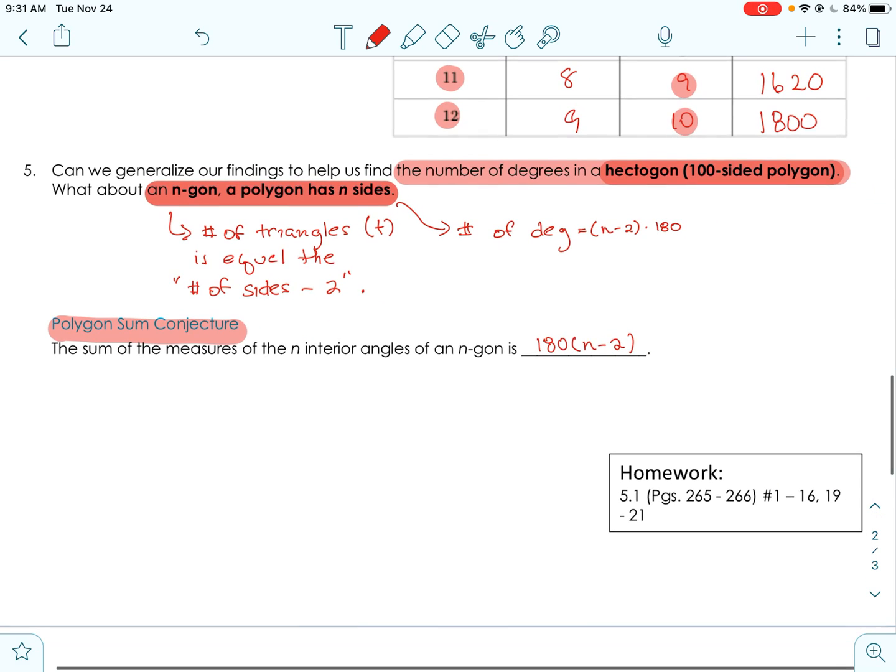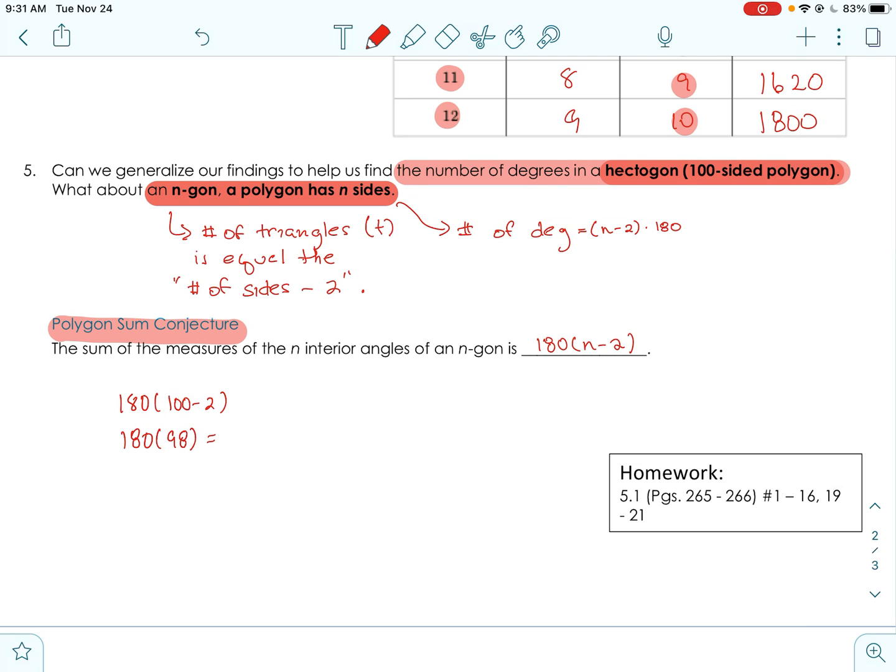So if we were to take a look at this hectagon, this 100-sided shape, how could we do that with this equation? Well, we would have 180 times 100 minus 2, which would be 180 times 98.